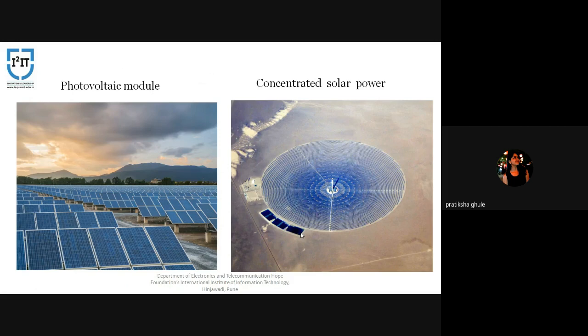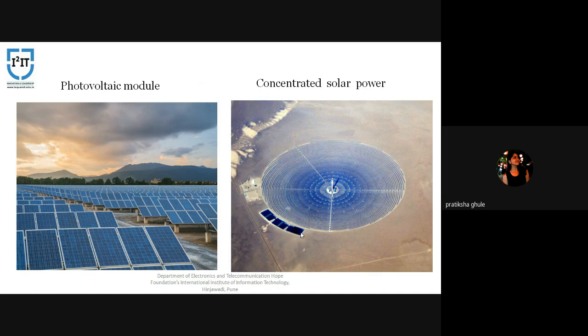So here you can see the different types of modules, or we can say objects, that are used in solar farm. One is this photovoltaic module. There are basically so many solar cells which make a solar panel, and we commonly call a photovoltaic module a solar panel.